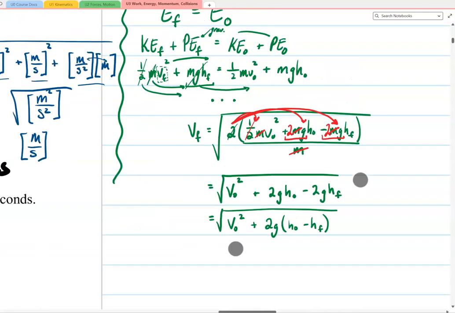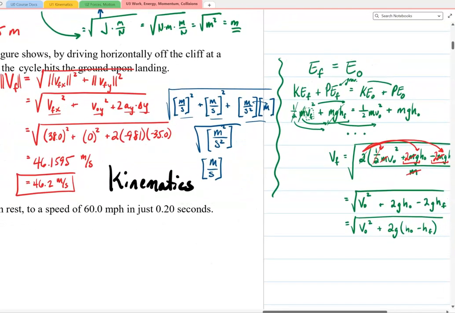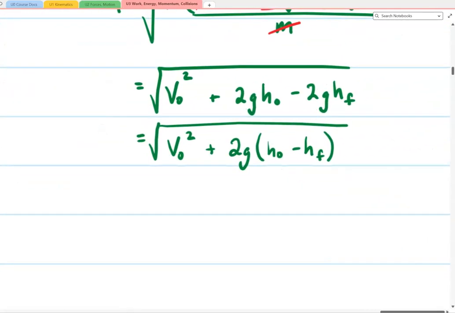This looks an awful lot like the expression that we landed on back here, where we had an initial velocity squared plus, well, I guess this already disappeared, plus 2 times an acceleration times a change in y. And so here we have the same thing, initial velocity, 2 times an acceleration, and multiply by a change in y.